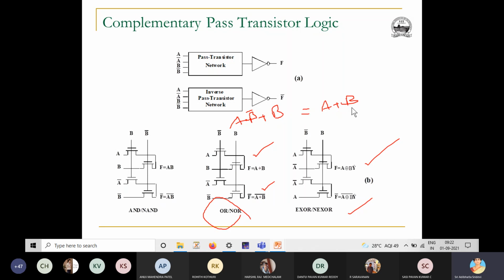That's all. Very simple. So if you interchange B and B bar and replace NMOS with PMOS, you will get complementary pass transistor logic with P MOSFETs. Am I clear?